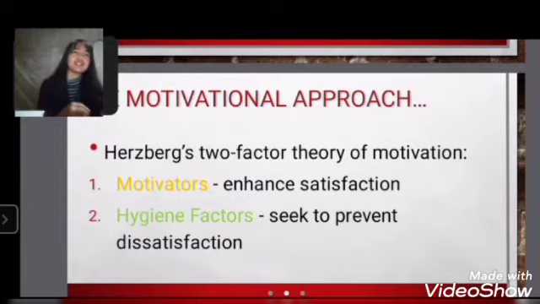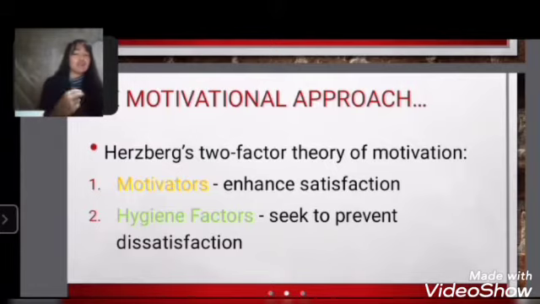What are these motivators? They include opportunities for advancement, recognition or achievement, work nature, responsibility, and others. From the word itself, motivators are factors that can motivate an individual to perform better or become productive in the workplace.